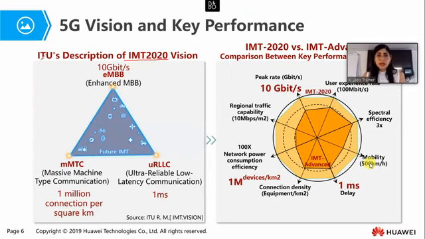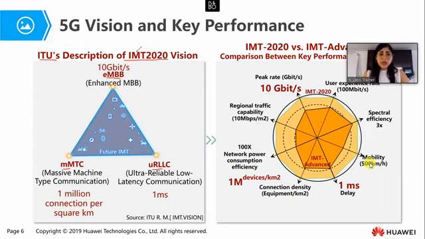The ITU in 2015 defined the formal name of 5G as IMT-2020 and also defined three application scenarios on which vendors, operators, and companies base their research on the 5G network. These three scenarios are enhanced mobile broadband, ultra-reliable low-latency communication, and massive machine type communication.